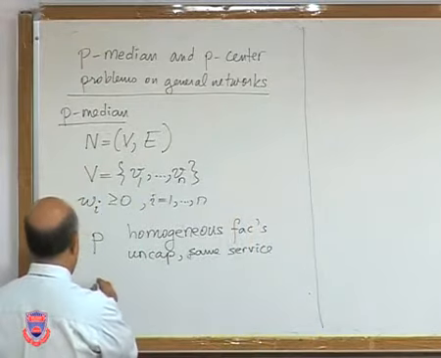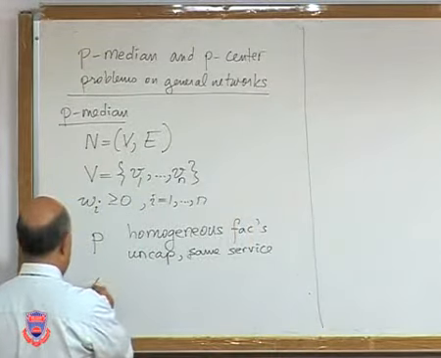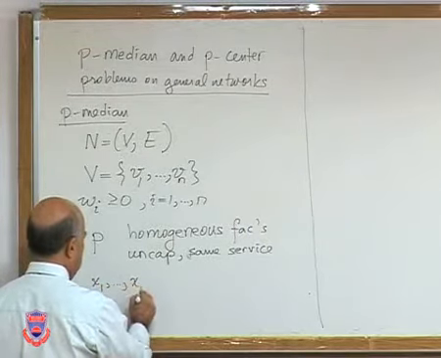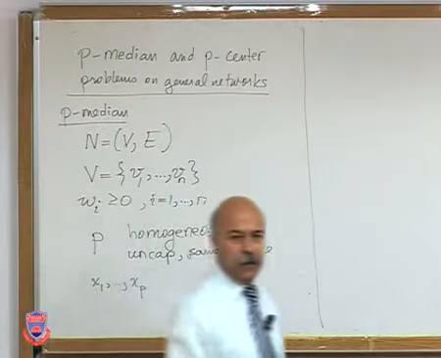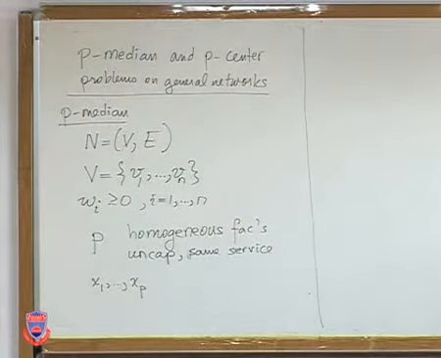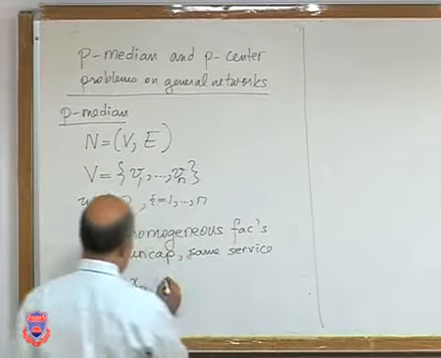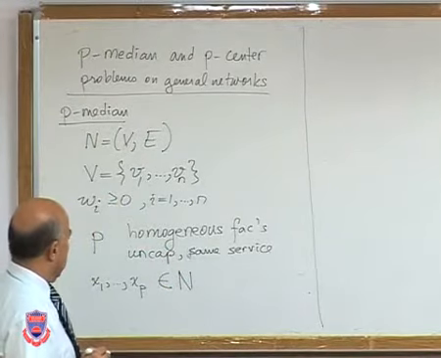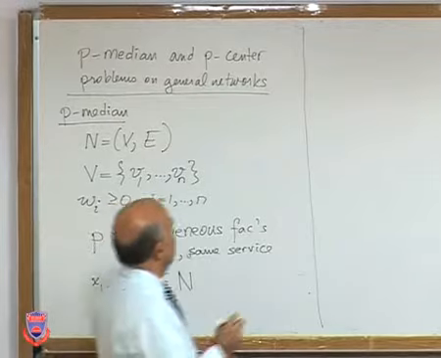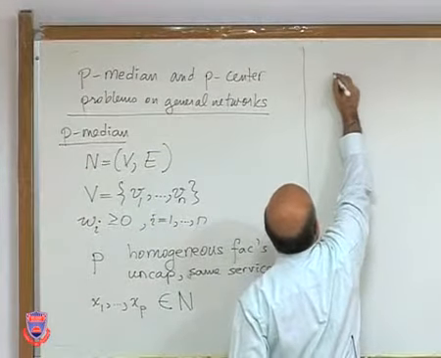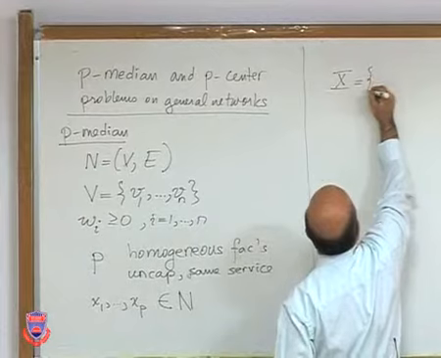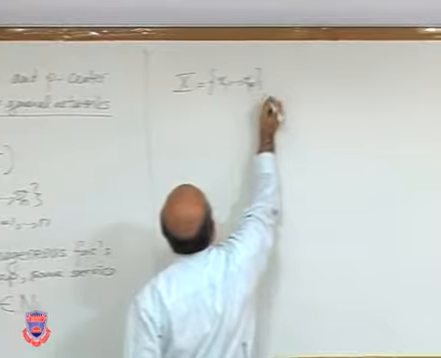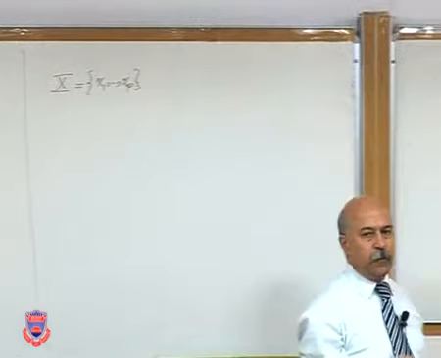All right. So what we're going to do is locate the facilities at points, say x1 up to xp. These are the locations of the facilities we want to choose. Each is a point in the network. And notationally, I'm going to put them in a set capital X, the set X consisting of these P points.